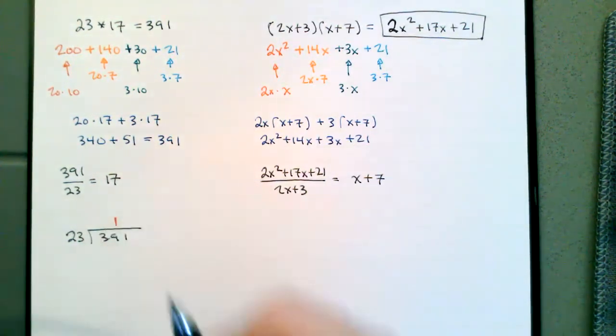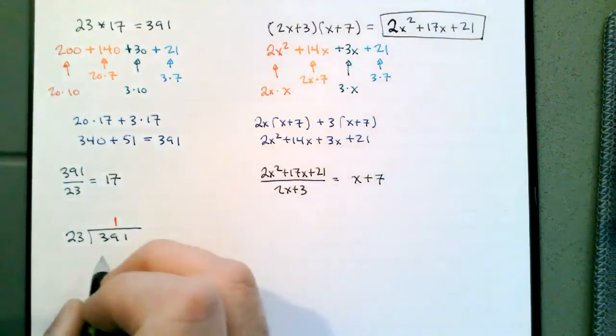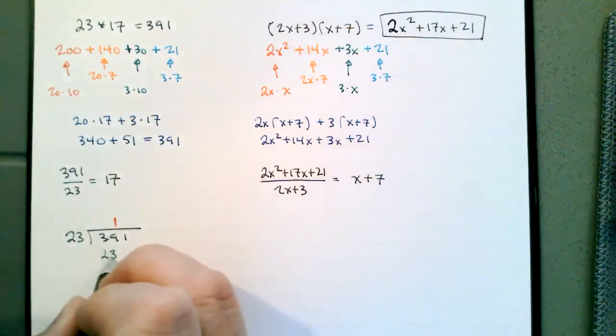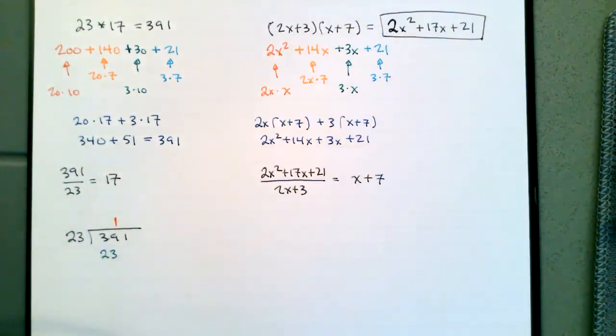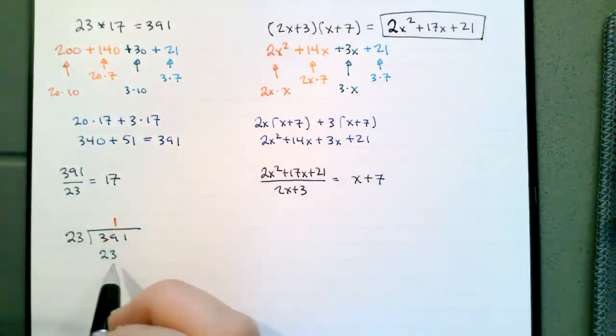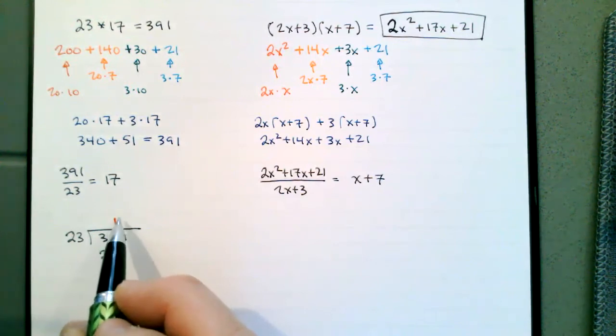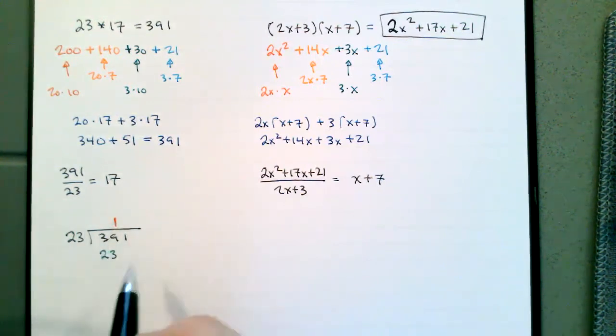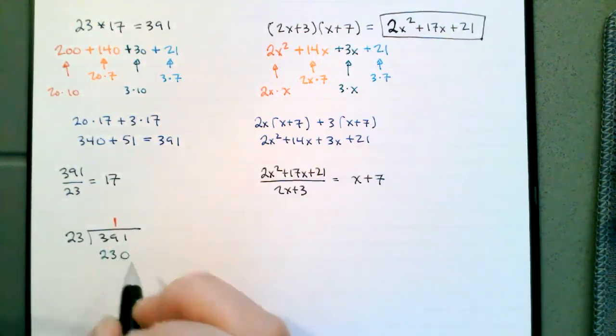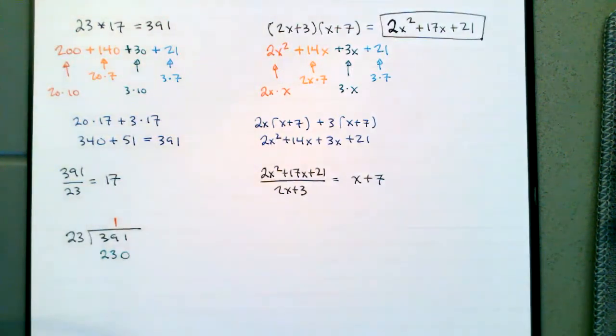So this 1 represents 10, and so we're going to subtract 10 copies of 23. We usually just write 23, but what we should write if we want to understand what's going on is not 1 times 23 is 23, but just stick it under the 39. This 1 is in the tens place, so this 23 down here is actually 230. This 1 is actually a 10.